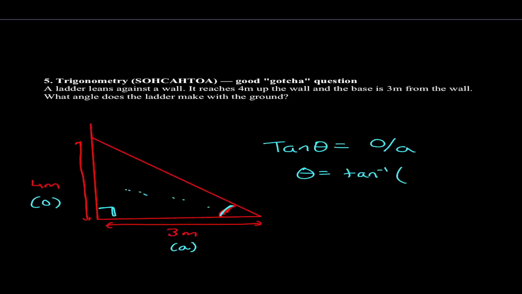My opposite, which is 4, over my adjacent, which is 3. If you plug that into your calculator, you would get 53.13 degrees. And we usually just round off angles to the nearest degree, so 53 degrees. Well done if you got that.